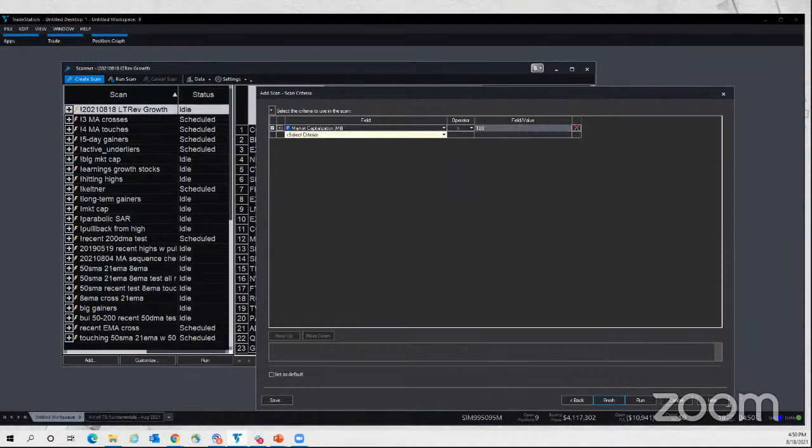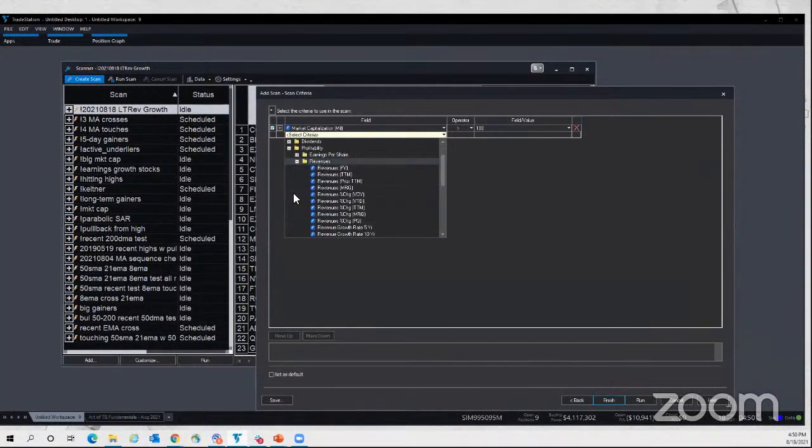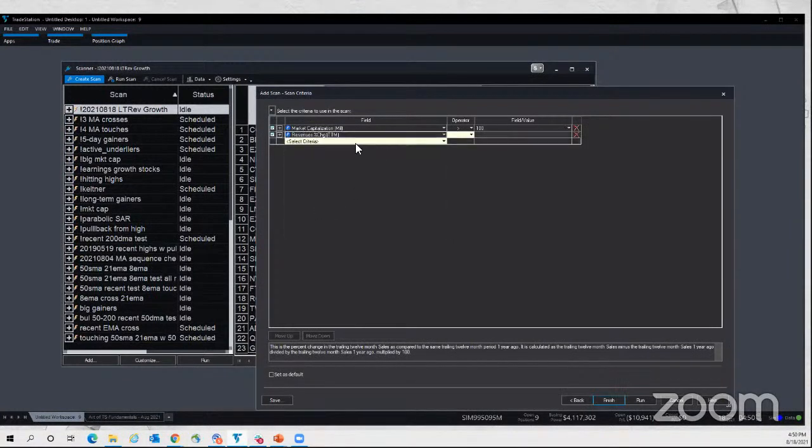Now this one, we're going to do a different revenue growth. We're going to go to financial strength. I'm sorry, we're going to go to profitability, revenues. And this time we're going to go to revenues percentage change TTM, which means this is going to be the trailing 4 quarters compared to the previous trailing 4 quarters.